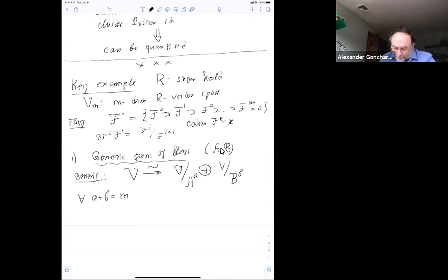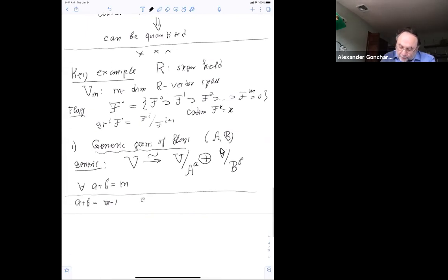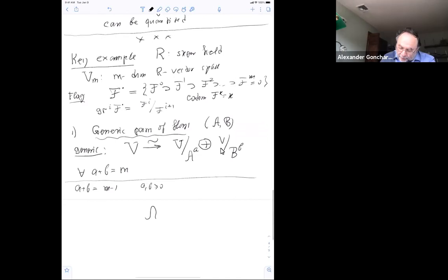Now, as I think everybody knows, we can classify generic pairs in the commutative case, and this works in the non-commutative case just as follows. We take a pair of integers a and b such that a plus b is m minus 1. And so these a and b are non-negative numbers. And we consider intersections of the corresponding subspaces.